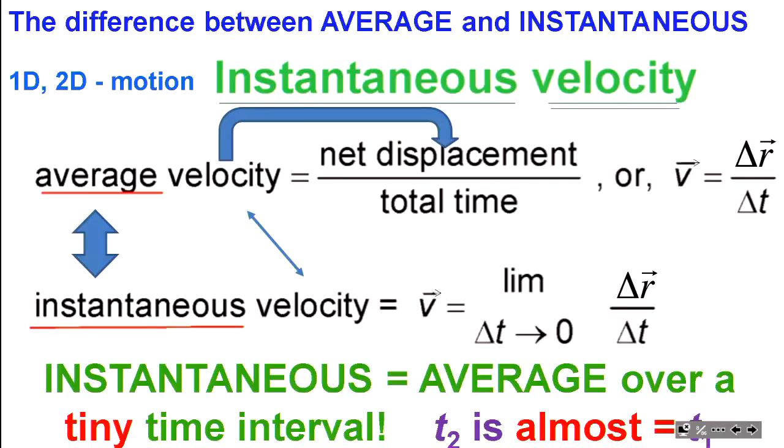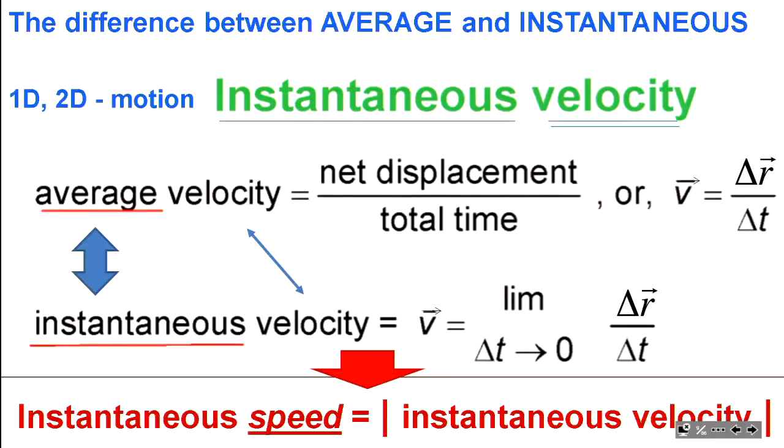Maybe our powerful software can, but we cannot. So for us, 1 second and 1.001 seconds, practically same instant. So instantaneous basically means average over a tiny time interval. That's it. When an object almost didn't move. That's an official definition.